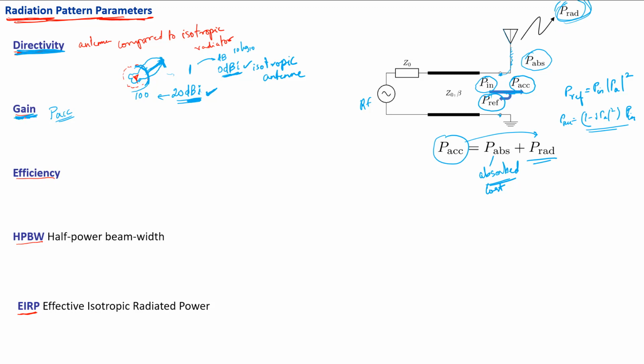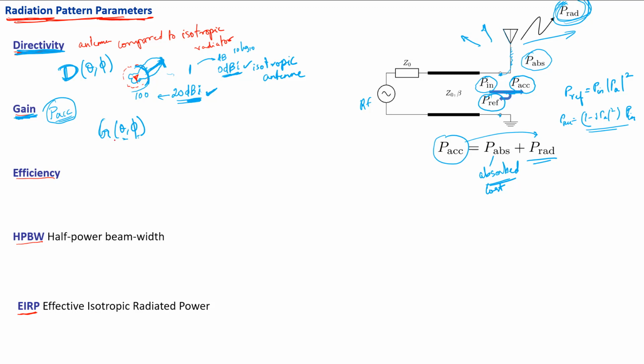Gain is written as G, and directivity is written as D. Directivity is a function of theta and phi, and gain is again a function of theta and phi. That means it depends on which direction we are looking at. It's going to be different in different directions. Gain is related to the radiated power in a particular direction with respect to the accepted power.